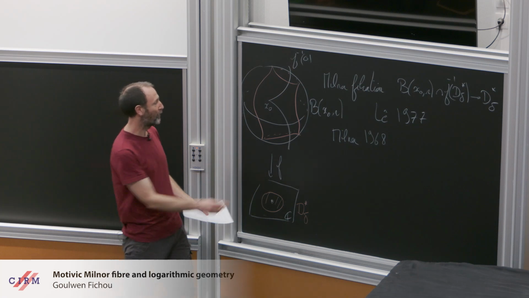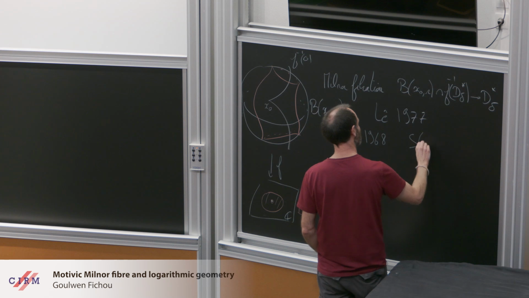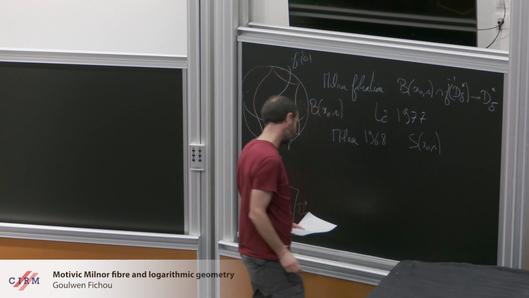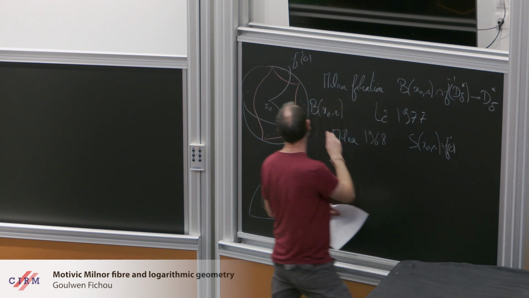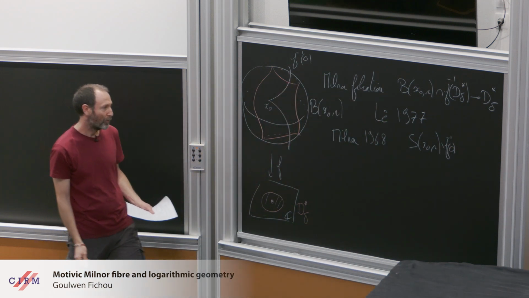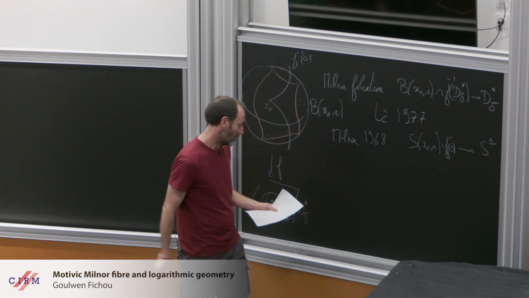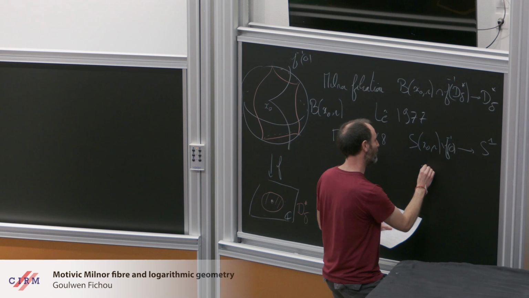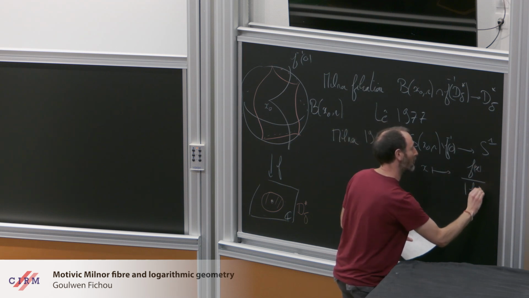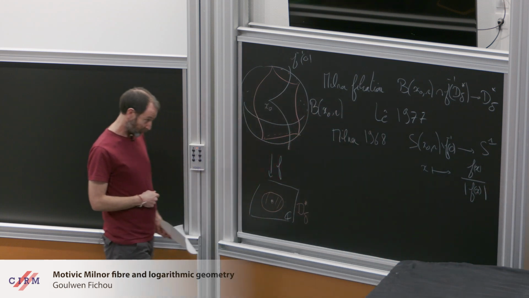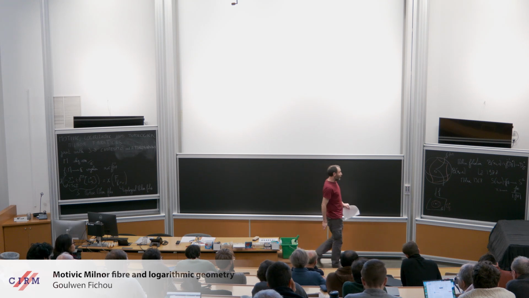It is equivalent, but we consider not the full ball but just the sphere. Then you remove the zero set, so you remove the point there, and you go to S1 by taking the argument of f, rather than the modulus. So this is a fibration.